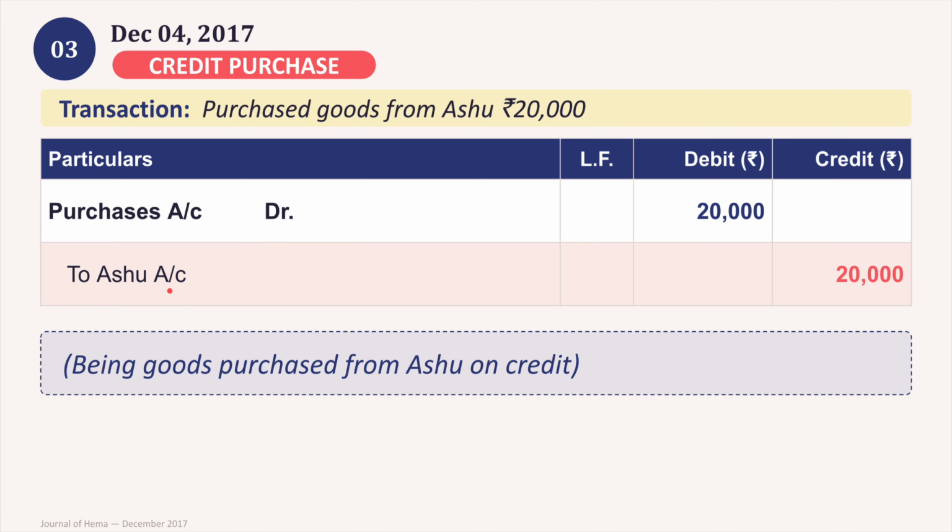So any increase in creditors, we will credit. So purchase account debit to Ashu account, 20,000, 20,000 in the respective columns. Being goods purchased from Ashu on credit. Yeah, you can mention that.